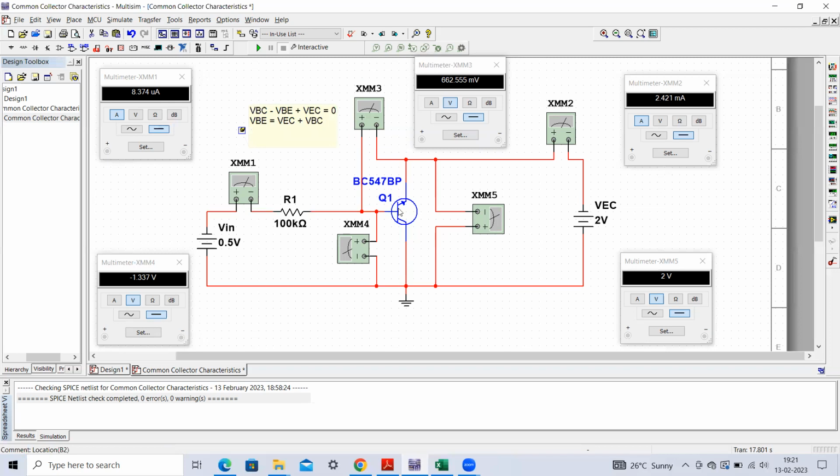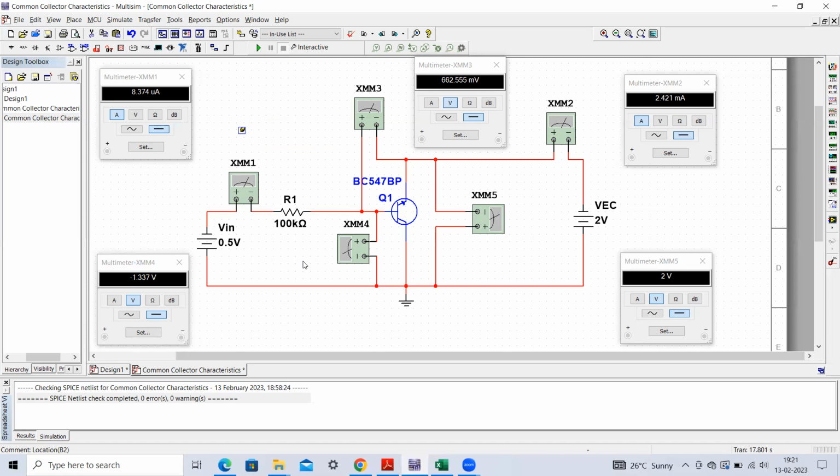Then again, negative to positive, it will be positive. So overall, the base to emitter voltage that we are going to get is VEC plus VBC. This is the base to emitter voltage. So that we have to remember, fine. You can verify it while doing the experiment, right? Now we have to start our experiment by obtaining the input characteristics first.